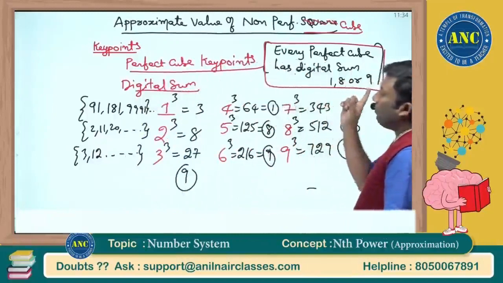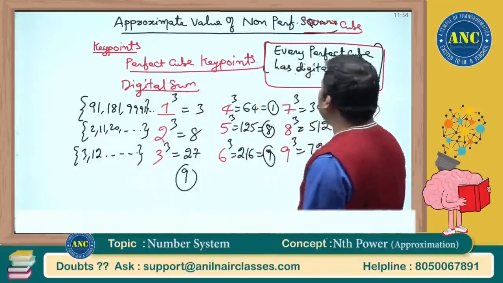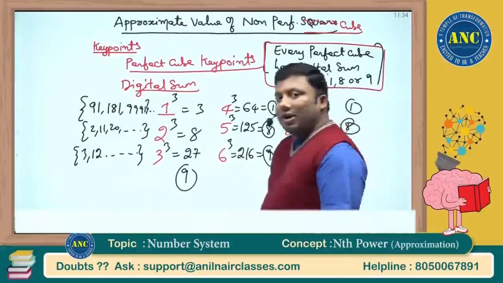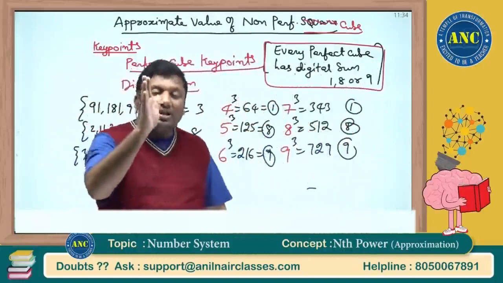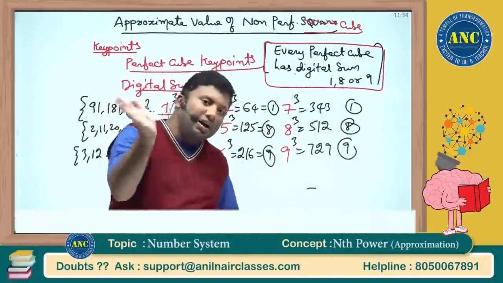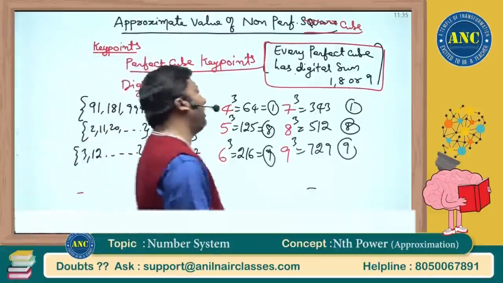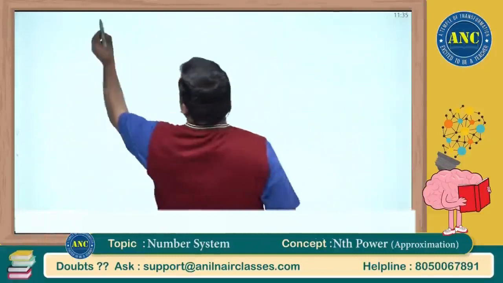If the number is a perfect cube, the digital sum will always be 1, 8 or 9. The reverse case may or may not be true.